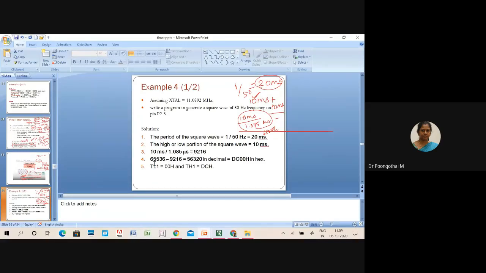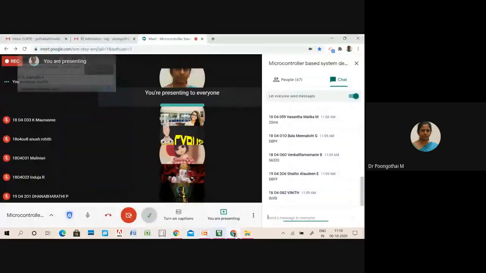Subtract that value from the maximum value 65536, which gives 56320, and convert this into hex: DC00.